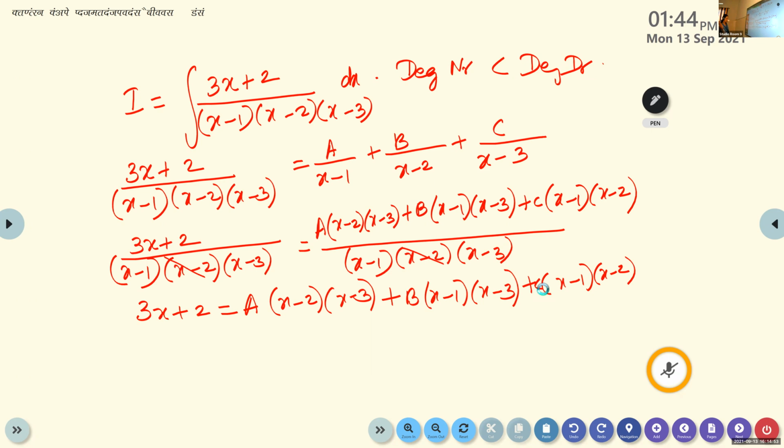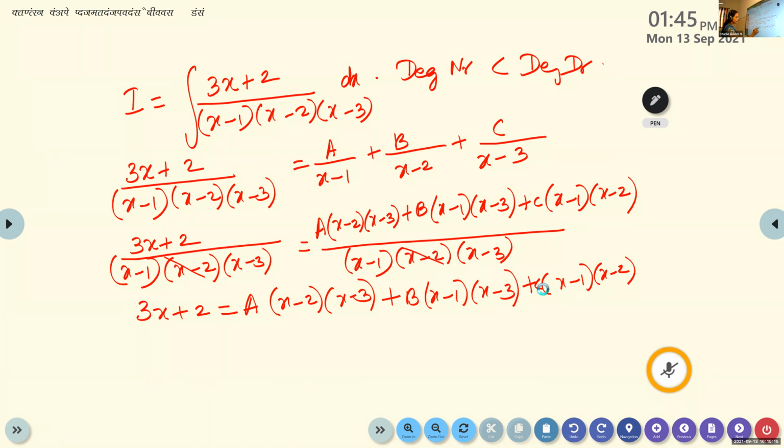How to find this? One way is by equating the coefficients. You can equate the coefficient of x, and the coefficient of x square. Another method is there. While finding A, I want to make B and C as 0. We can substitute some values for x to make B and C as 0.